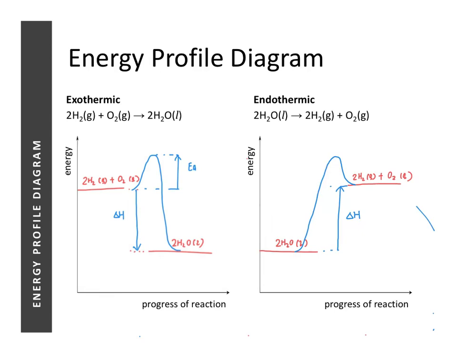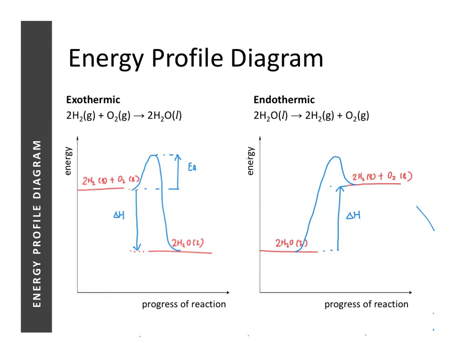Now, one very important thing to take note of is, where is the activation energy for the opposite reaction? Very importantly, you need to keep in mind that the activation energy is between your reactants and the highest point.